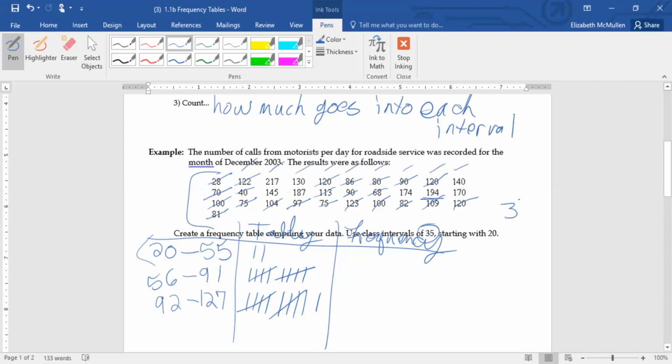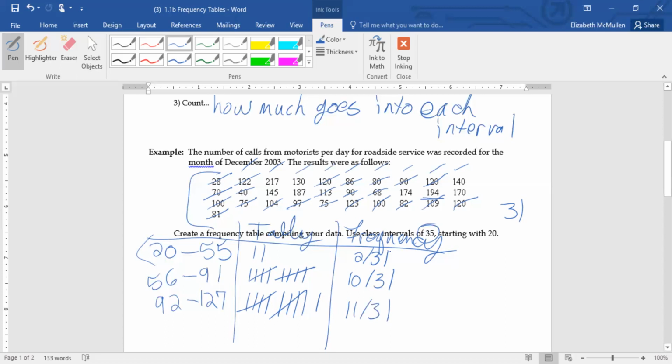I have 31 total. So the frequency of numbers between 20 and 55 is 2 out of 31. That's how often a number falls in there. Between 56 and 91 is 10 out of 31. Between 92 and 127, I have 11 out of my total 31, and we can count for the other intervals.